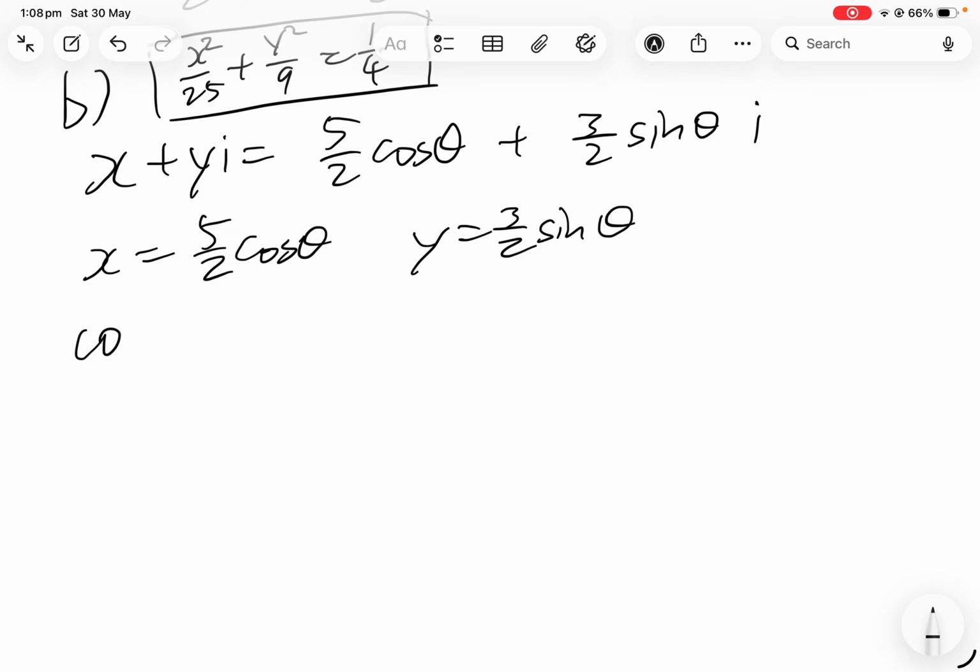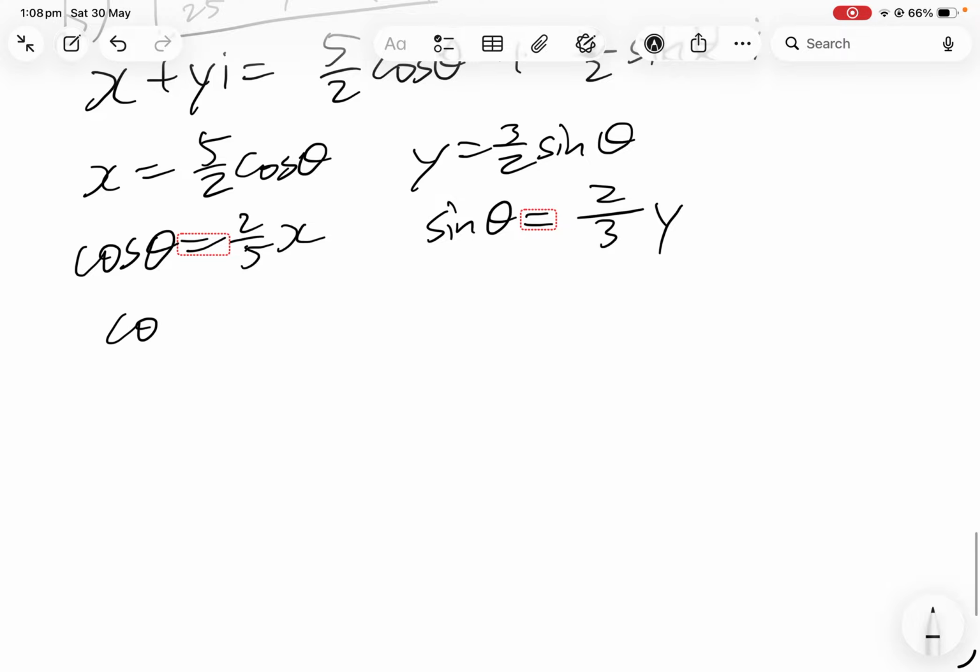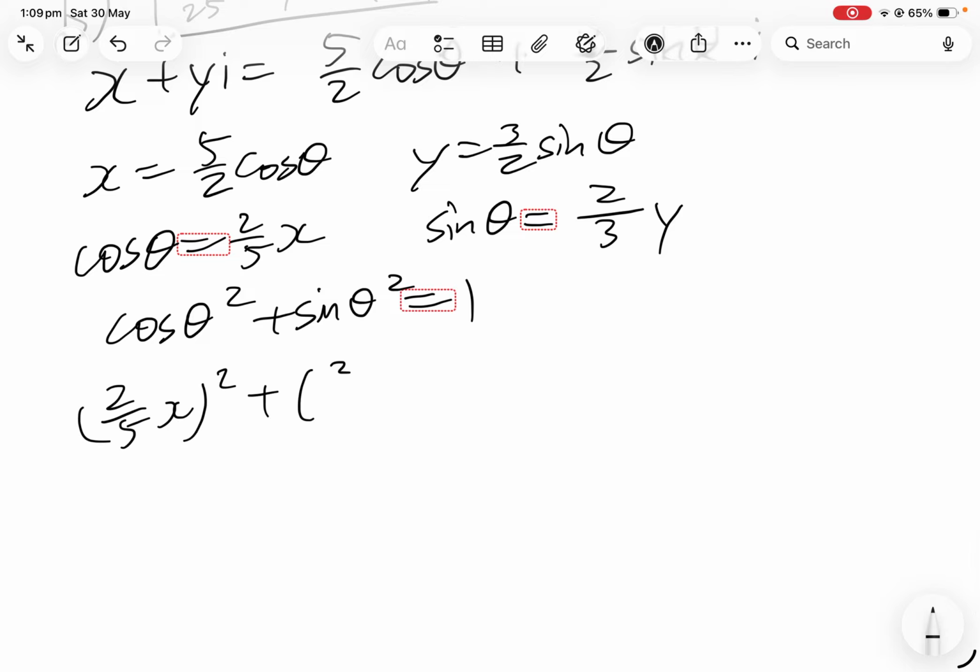Then we can rearrange it. So cos theta equals 2 over 5 x, and sin theta equals 2 over 3 y. And then because cos squared theta plus sin squared theta equals 1, (2 over 5 x) squared plus (2 over 3 y) squared equals 1.